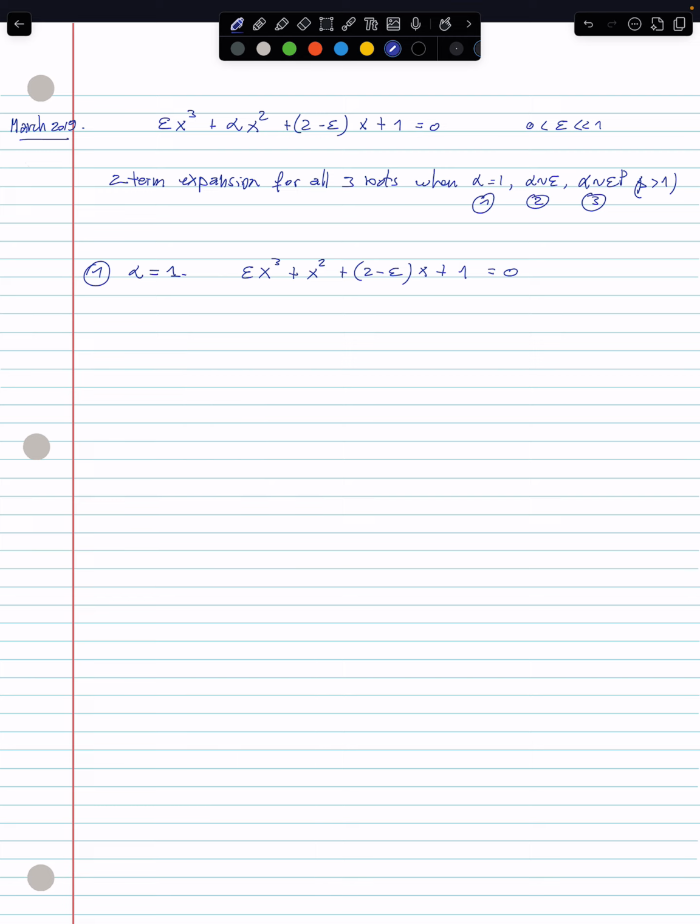So it should now be a natural reaction to start with the unperturbed problem, which is what you get when you replace epsilon by 0. This is x squared plus 2x plus 1, meaning that x is equal to minus 1 is in fact a root with a multiplicity 2.